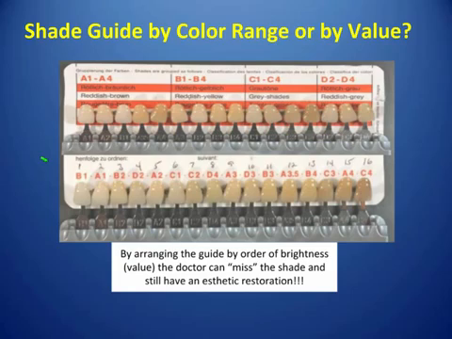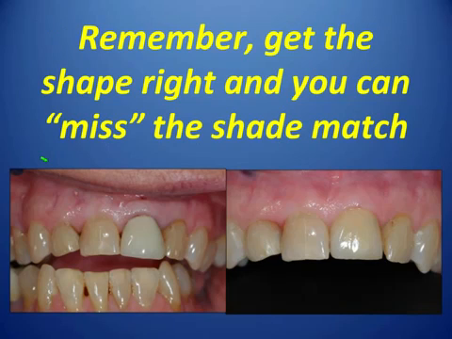Remember, we can get the shape of the tooth right and still miss the shade. Another factor that goes into us wanting to arrange our shade guide like that. So here, even though we've improved significantly on the shade of the tooth, the shape is mimicked well, but the size is off. This will still make our eye go towards this area, even though we've matched the shade quite appropriately here. But shape is paramount over shade selection.